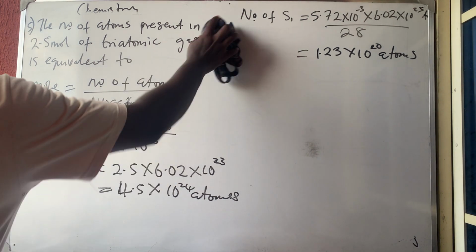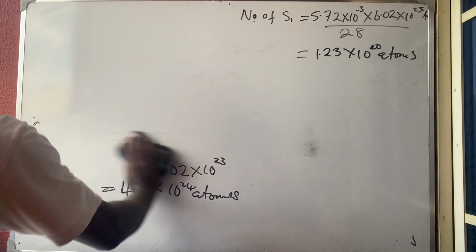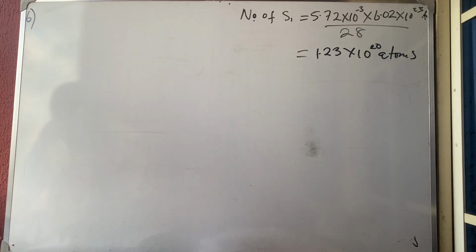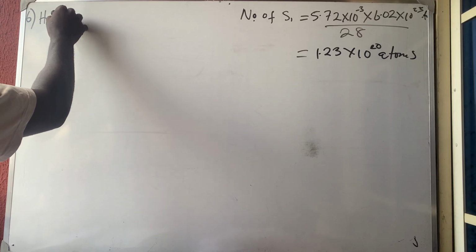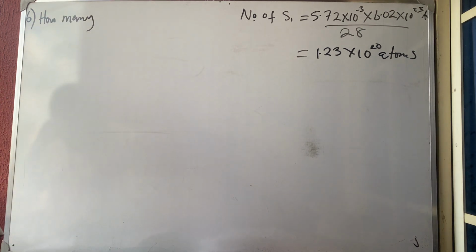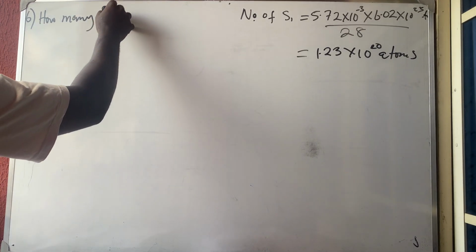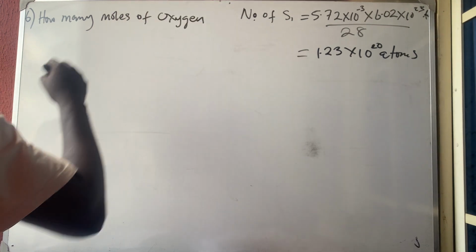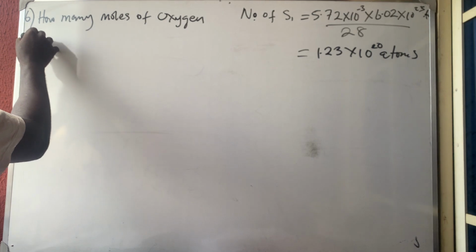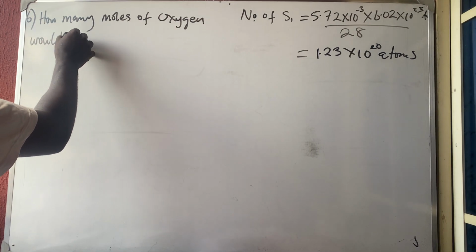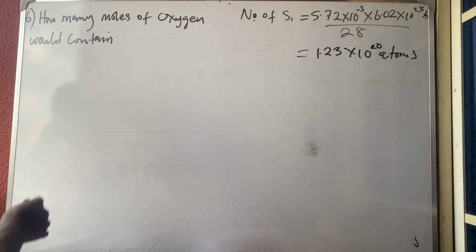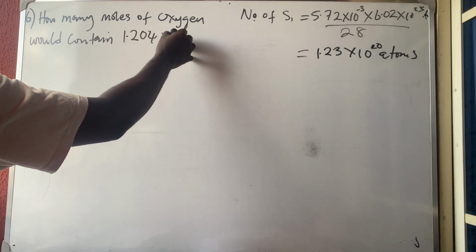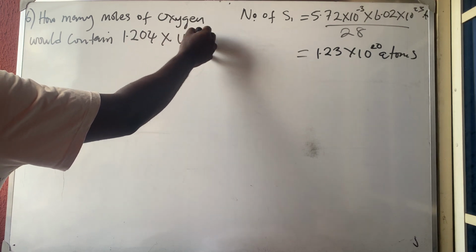The last question we're going to solve in this section is question number 6. How many moles of oxygen would contain 1.204 times 10 raised to power 24 molecules?